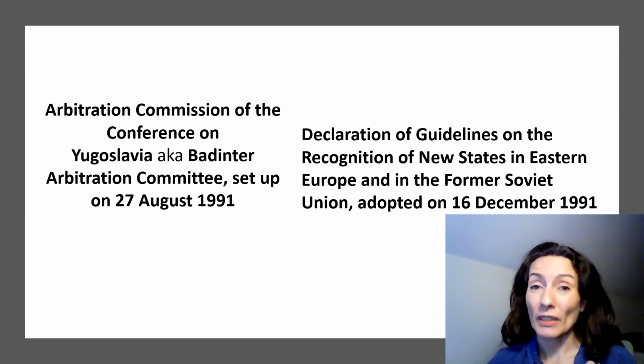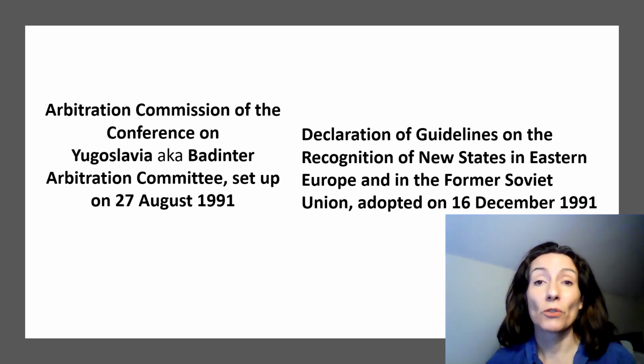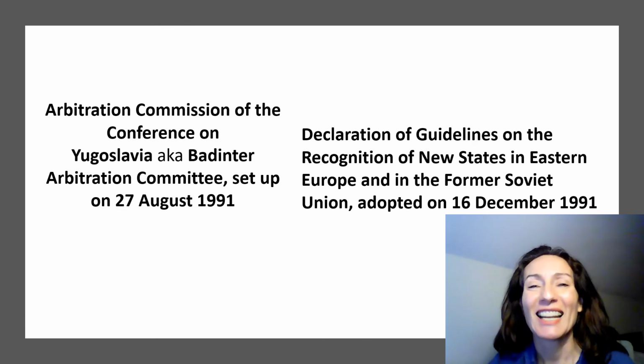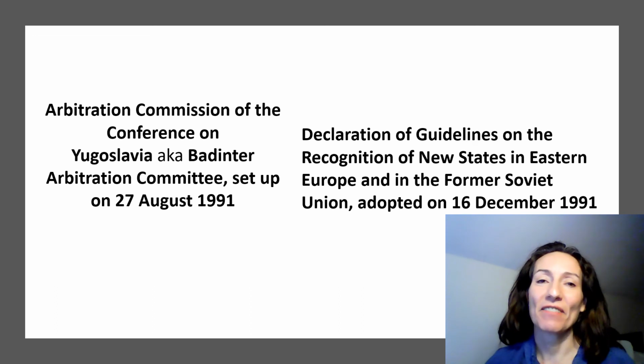Therefore, the European countries belonging to the European Community work together to adopt a common policy and react to this conflict from its inception, and were very heavily involved throughout the peace process.